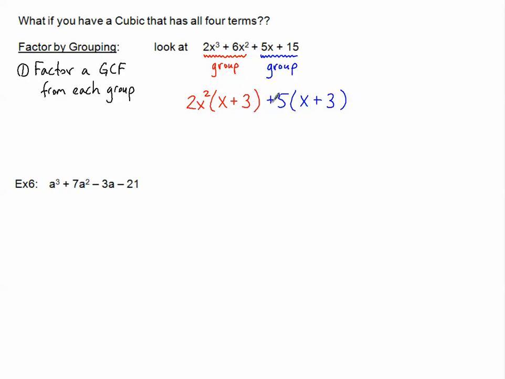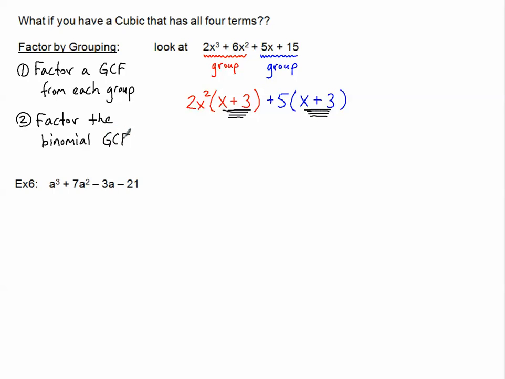Terms are separated by pluses and minuses. So now what I need to do is factor a little bit more. Now if you see this red term and this blue term, there is one more thing that's in common with these terms. They both share this x plus 3. They both share a factor of x plus 3. So we can factor the binomial GCF.